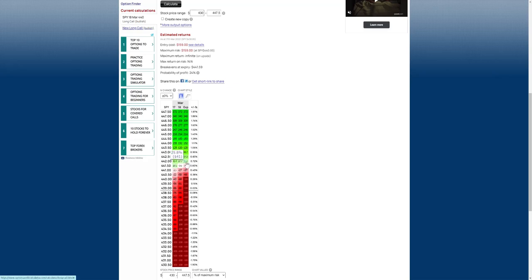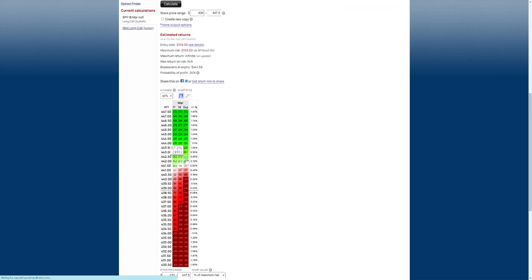So it's assuming you'll be in profit around that price, and let's say by tomorrow it hits 447.50. It's predicting that you'll be up 372%, up $591 from that $159 investment. Let's say it goes to 443, it's expecting an 88% gain.